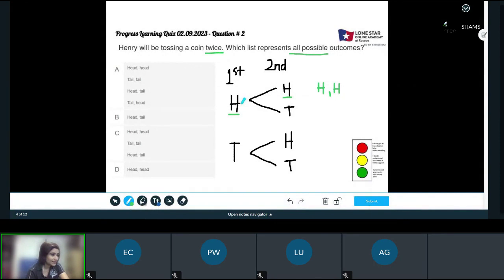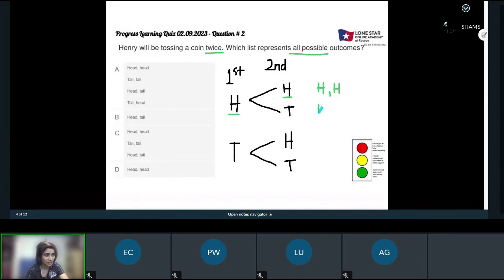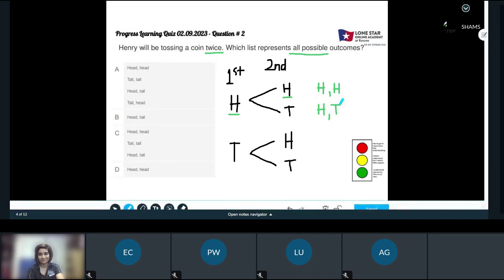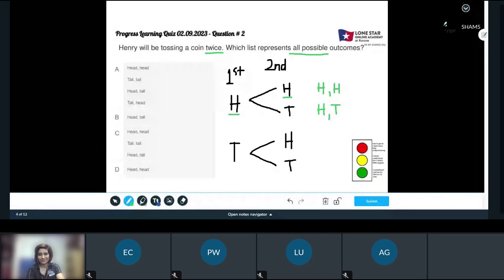Or he might get heads in the first toss and tails in the next toss. This is also a possibility. Heads, then tails. Right?